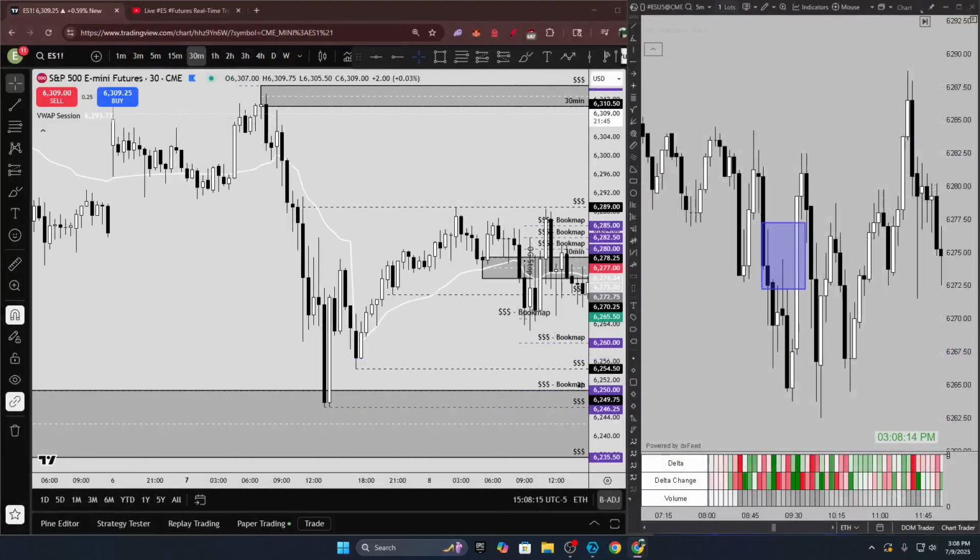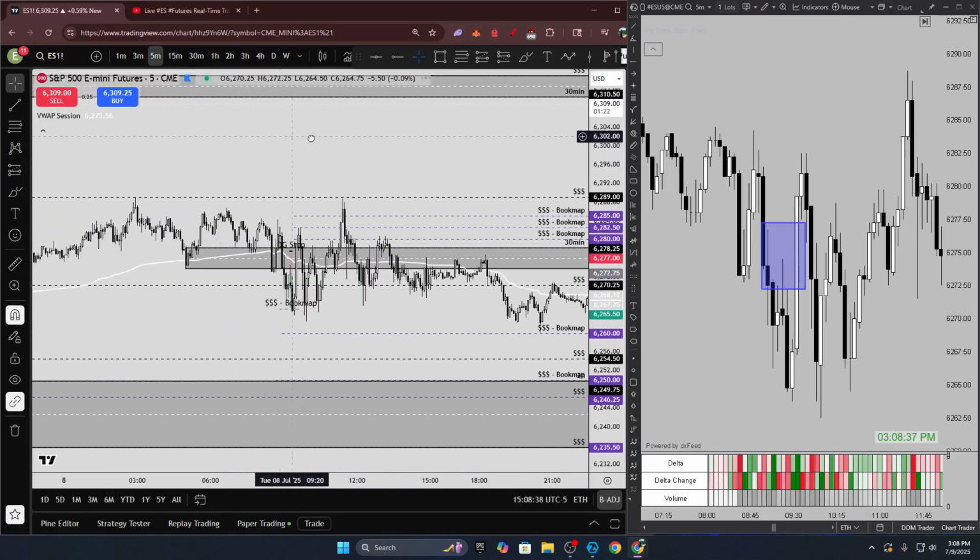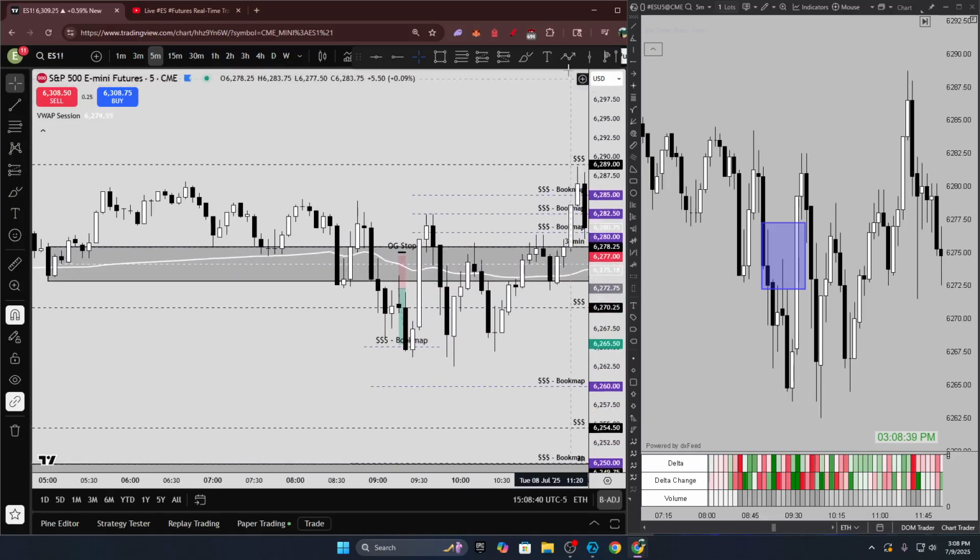If Bookmap is telling us that even though we're below, price actually wants to push up. So say we just broke it, but price is showing signals that we're bullish. We will wait and watch to see how different Bookmap levels react, and depending on that, we can make different entries. But let's get straight into the day there.